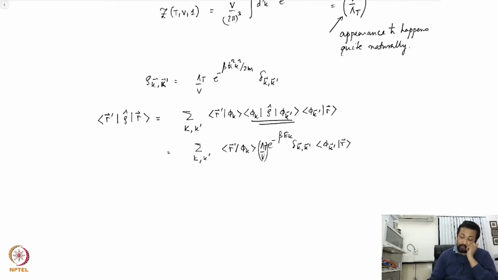So I can carry over one sum over k and take care of the delta function, so that I'm going to have sum over k, r prime phi k, lambda_T over V e to the power minus beta epsilon k, phi k times r, right?